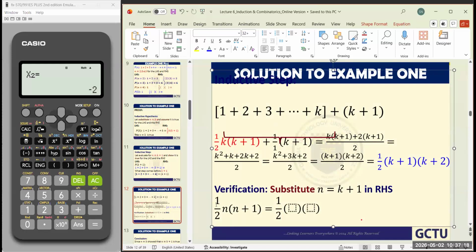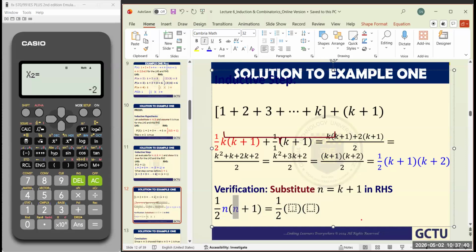Remember that this was the original right-hand side, half n plus 1. When we want to verify, we substitute the last step, n equal to k plus 1, into the right-hand side. So this n here, I'm going to substitute with k plus 1. Then I'm going to substitute n here also with k plus 1.